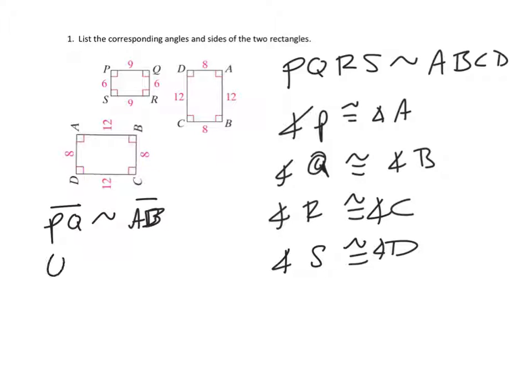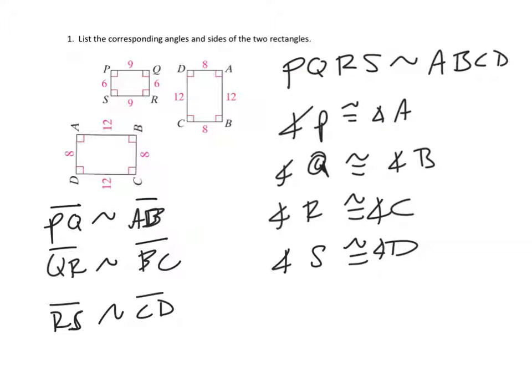So, QR and BC. Then we have RS, CD. So RS is similar to CD. And we're going to finish this up, the last ones, and you can go SP, right?